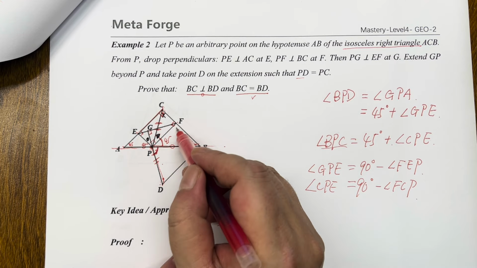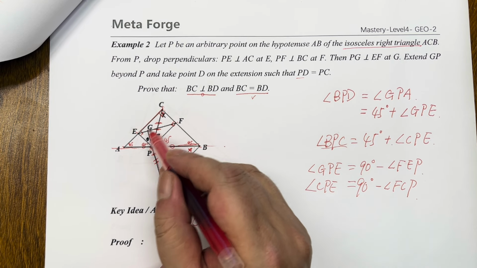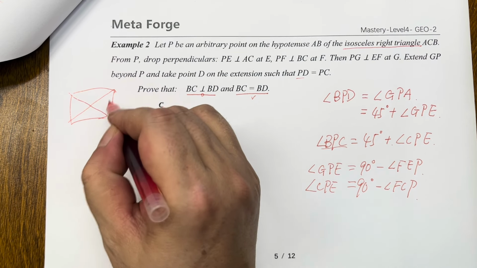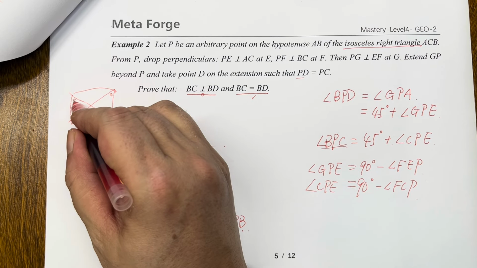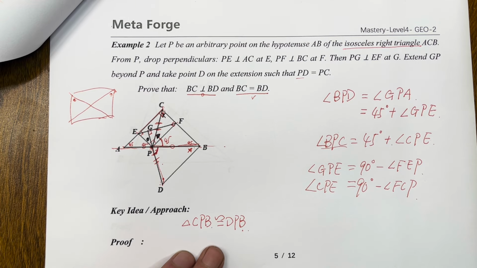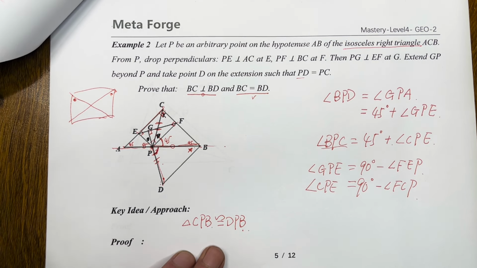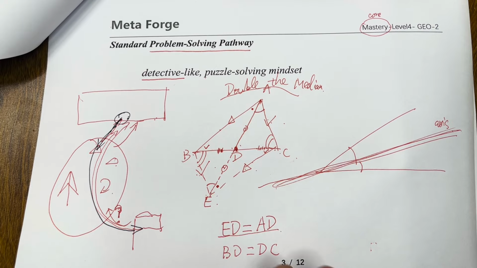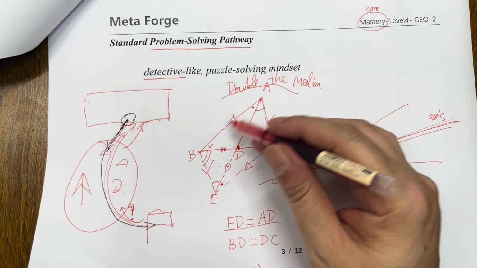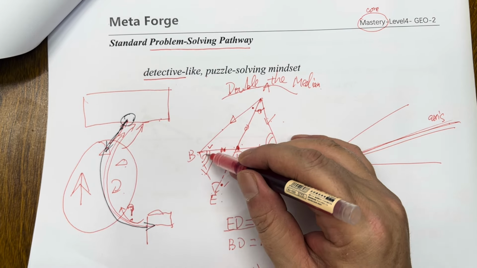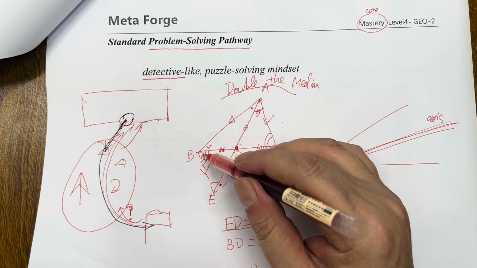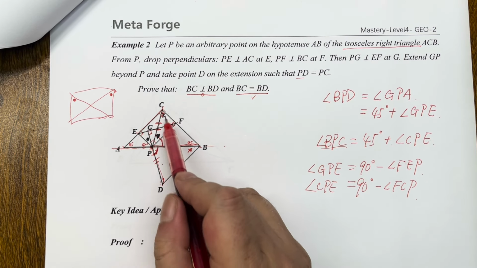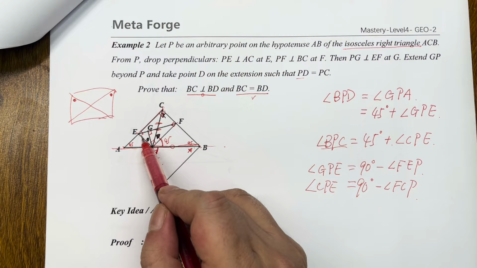These two angles are equal. We have mentioned it in the common parallelogram. It's a special parallelogram, so these two angles are equal.